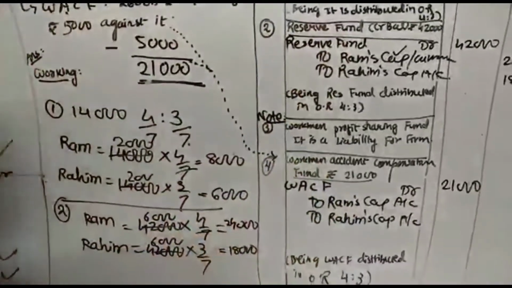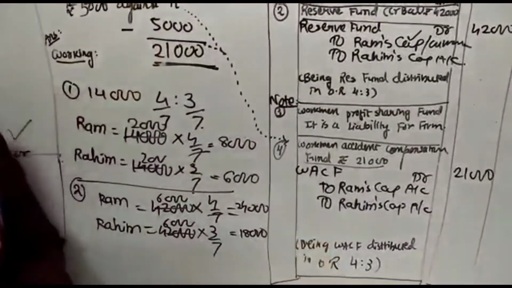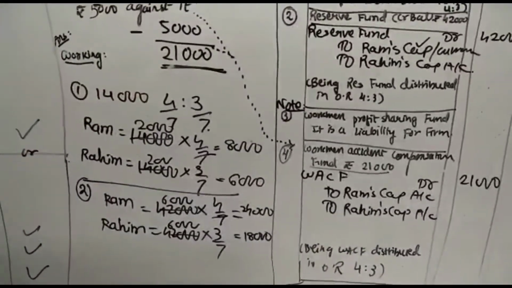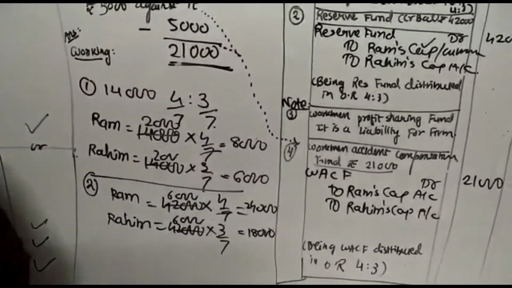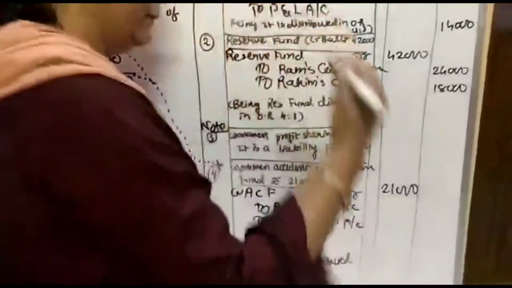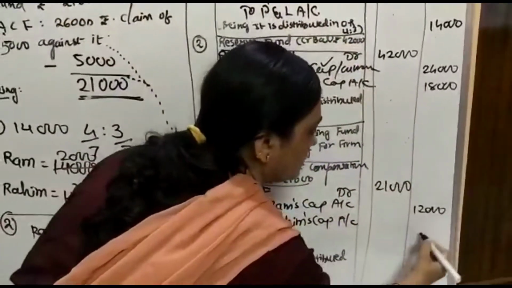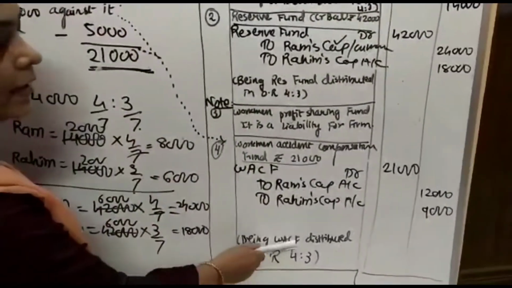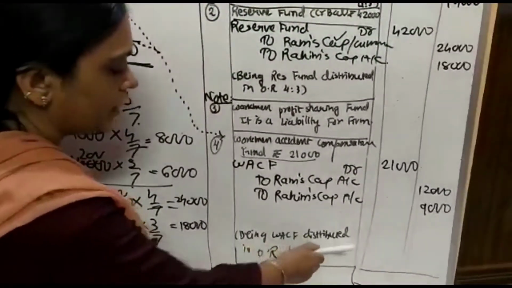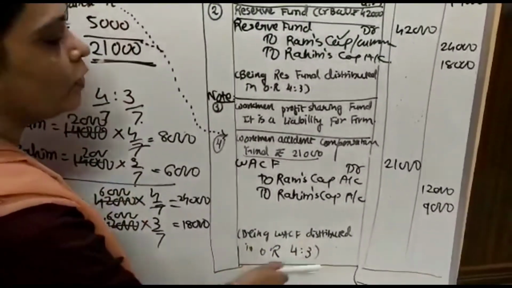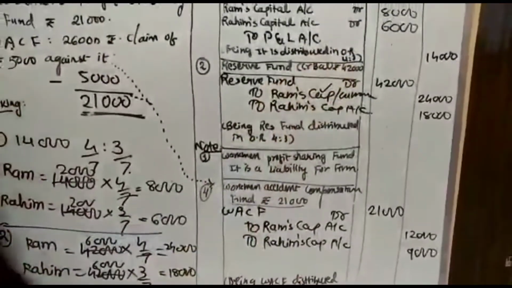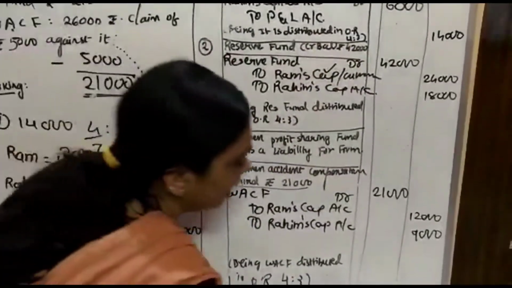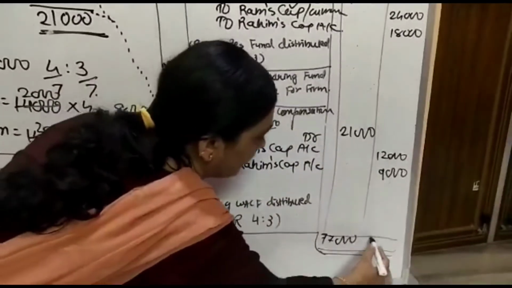When I distribute 21,000 in the ratio of 4:3, the answer would be 12,000 and 9,000. Being workman accident compensation fund is distributed in old ratio 4:3. When I do the total, it would be 77,000. Close it off with 2 lines.